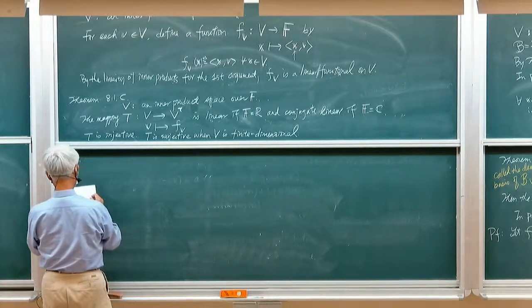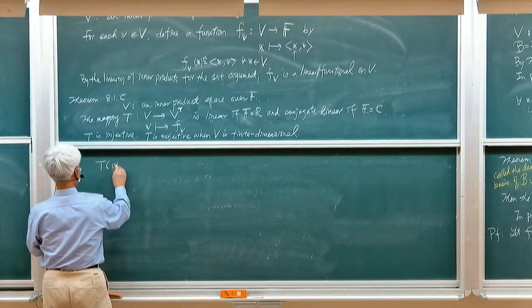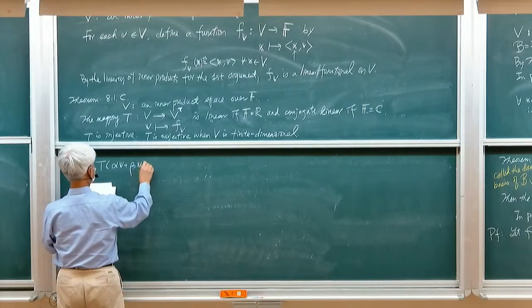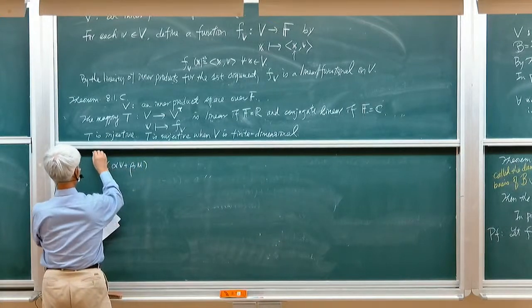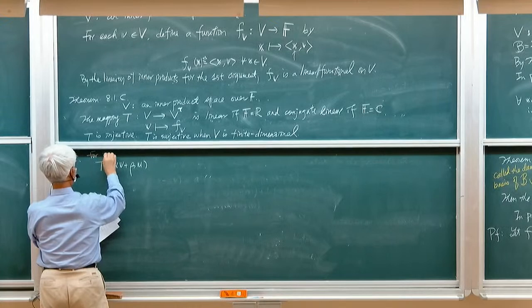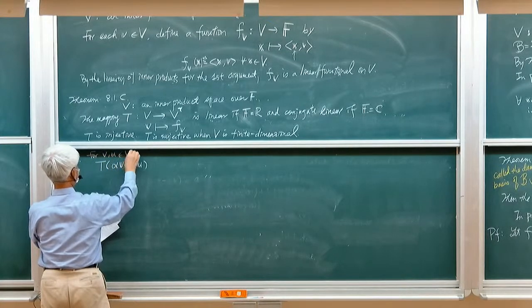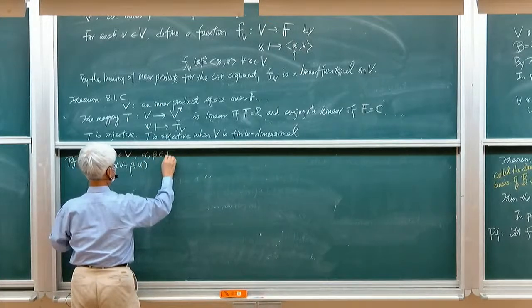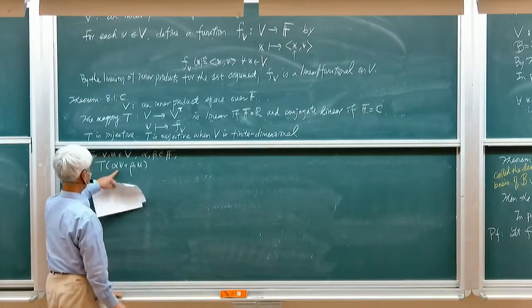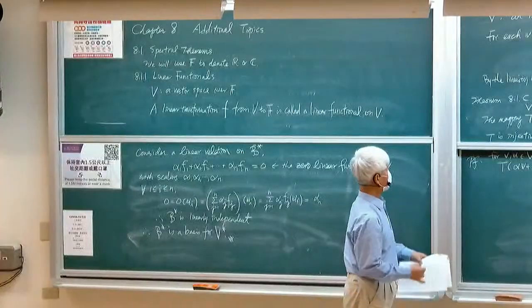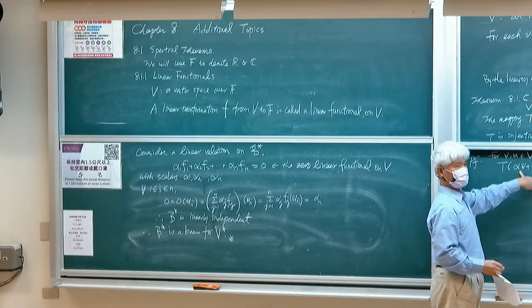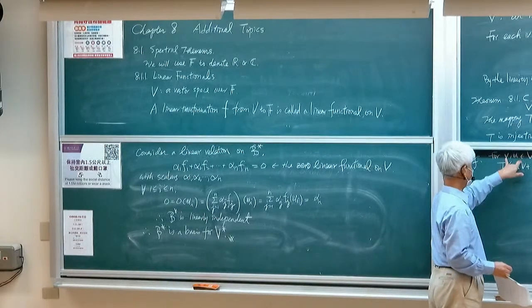All right, so look at T(alpha v plus beta u). We take v, u in the inner product space V, and alpha, beta are scalars. Now we look at the image of this mapping T at the linear combination of v and u.